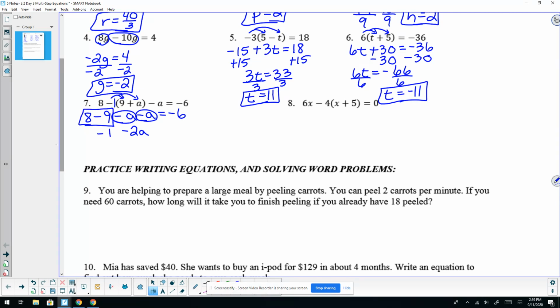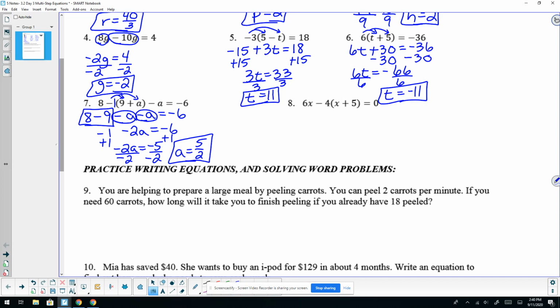So I have negative 1 minus 2a equals negative 6. I can add the 1 to both sides to give me negative 2a equals negative 5. Divide by negative 2. A equals 5 over 2. Again, don't change that to decimals unless the problem started as a decimal.